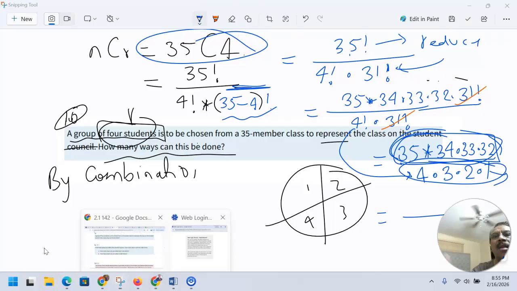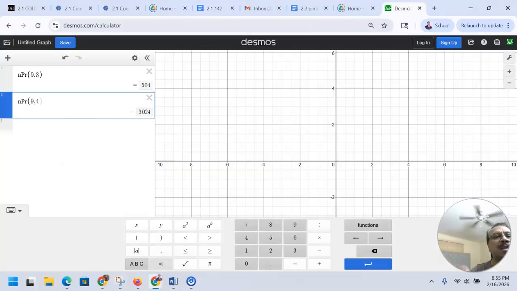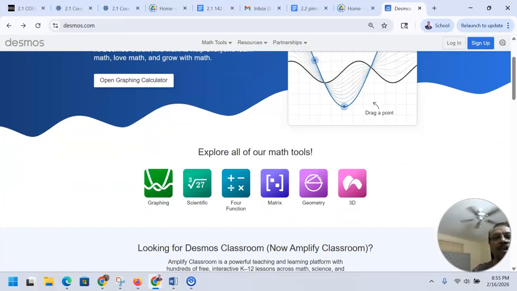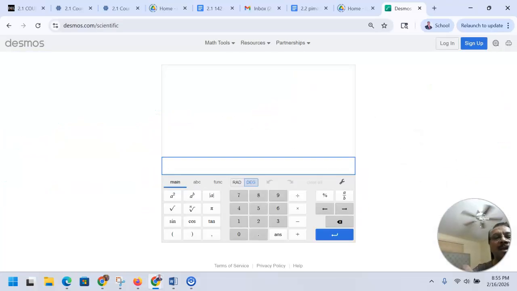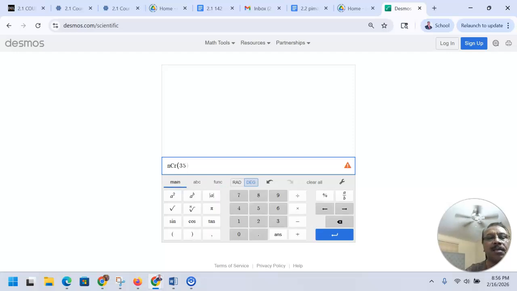So if I click here and go to the calculator, not this one, you can use any one. I think I'm going to use the other one, the scientific calculator. So this is the best. This time you're going to use function, and then nCr, and put 35, then a comma, and you needed 4 of them, right?